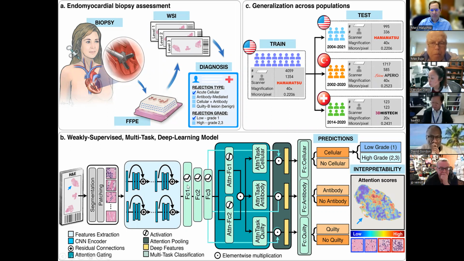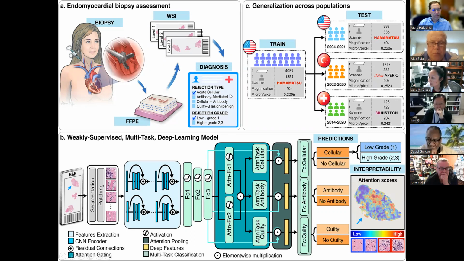So this is the workflow. We all know we have the biopsy, and then the US data set, all the data came from Brigham and Women's Hospital. At Brigham, they have 3 slides with at least 3 fragments on each level.